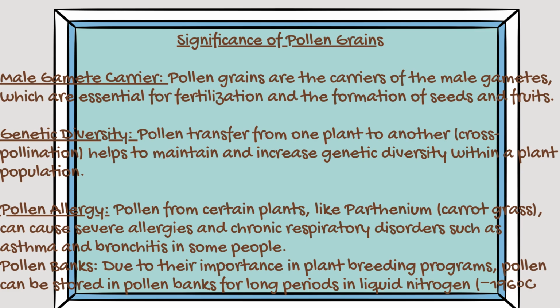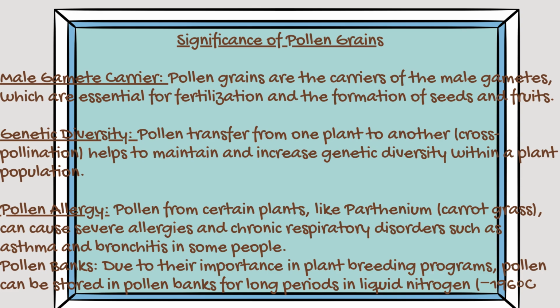Now, the next one is pollen allergy. Pollen from certain plants like Parthenium and carrot grass can cause severe allergy and chronic respiratory disorders such as asthma and bronchitis in some people.